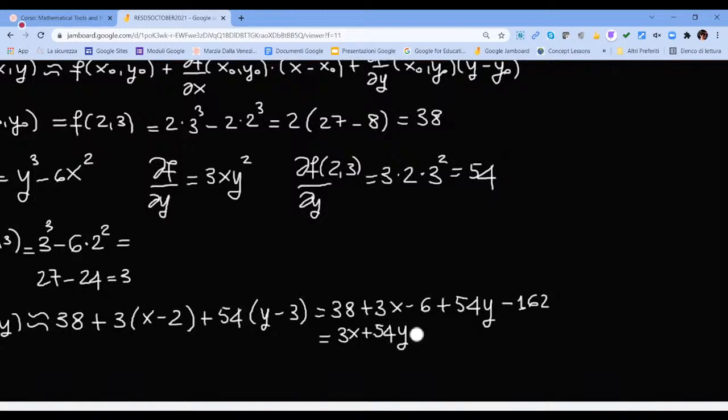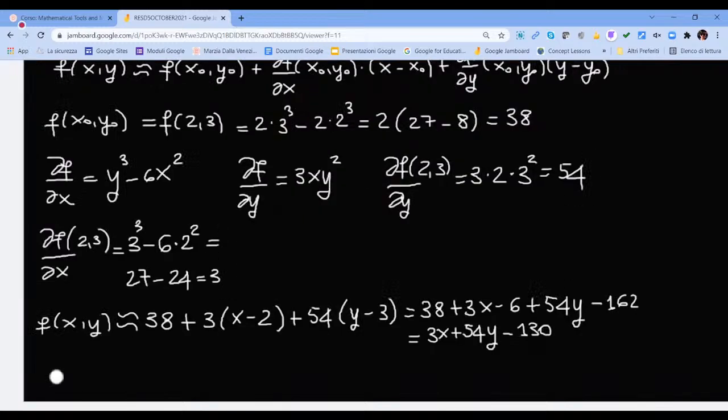But if we want an approximate value of the function near the point 2, 3, and we have to compute, for instance, an approximate value of the function at values that are 2.01, 2.98.